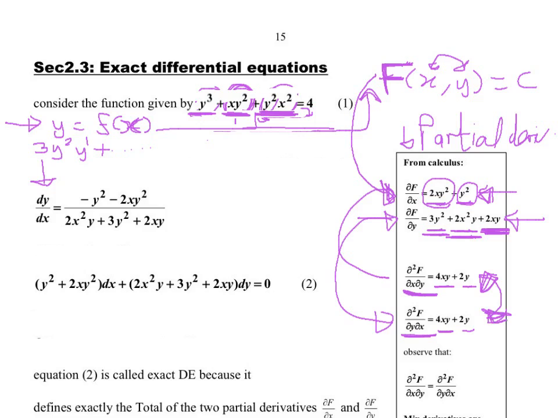Before we say what an exact differential equation is, there is a very interesting fact here which we must say. As you see, to differentiate this function, we have the choice of assuming y is a function of x, and like I said, we do one full page and say 3y squared y prime in order to find dy dx.